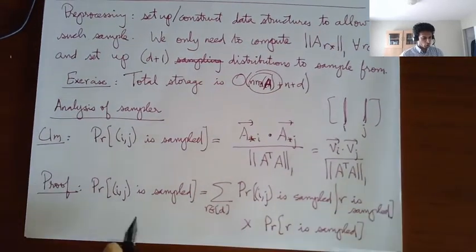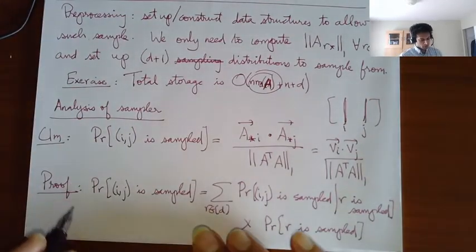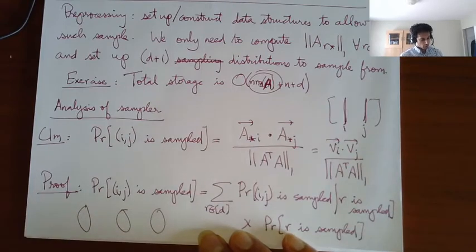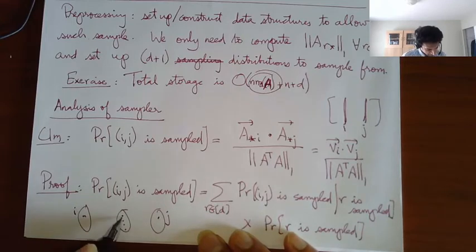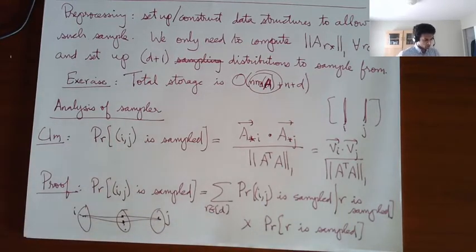So I just broke up this probability into a bunch of conditionals, and those conditionals are exactly according to what the middle vertex is. Another way to think of this is I know that i and j have been sampled, so there must have been some middle vertex that was sampled. So I go over all the middle vertices, and for each vertex I first say what is the probability I sample this vertex? Conditioned on sampling this, what is the probability that I sampled this path? So on and so forth. Does this make sense? Any questions?